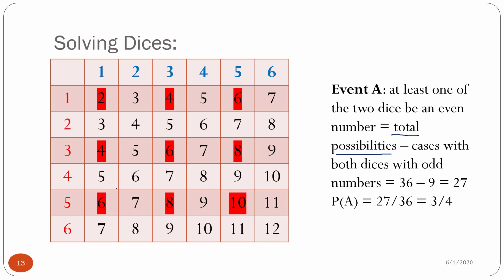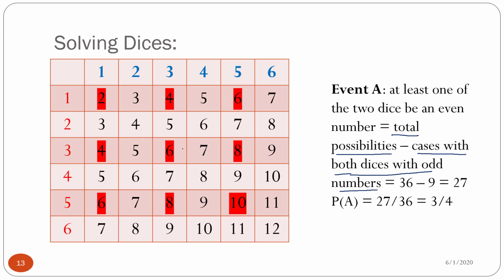And the values that you see are the values of the random variable. Now out of these, my favorable cases are the total, 36, minus those cases which do not satisfy my condition, the cases with both dice having an odd number.